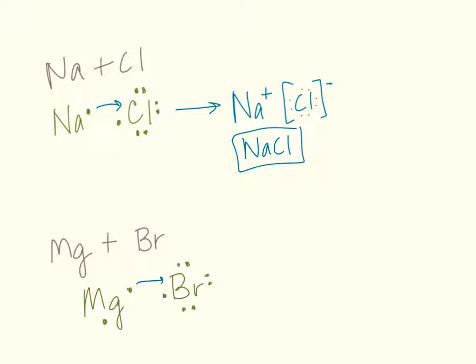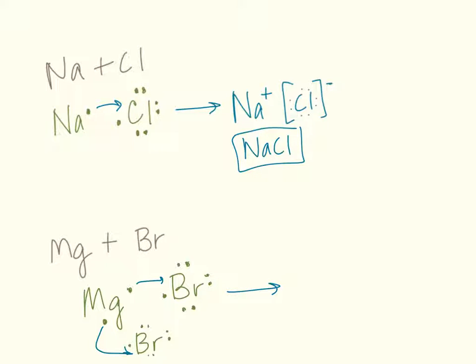So magnesium isn't going to just give up 1, it wants to give up both of its electrons. So you're going to have another bromine down here. And then this electron can come down there, right? So this took 2 bromines instead of just 1.